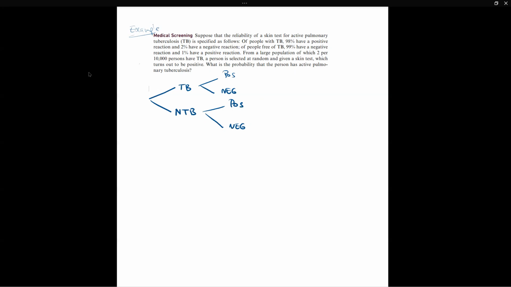So from a large population, 2 per 10,000 people have TB. So 2 per 10,000 have TB, which means 0.0002 have TB. If 2 per 10,000 have TB, that means no TB is 1 minus this number, right? Because that's the complement for the probability, which means 0.9998.